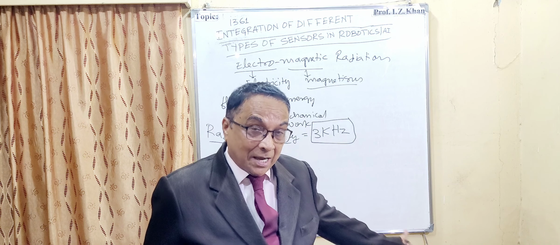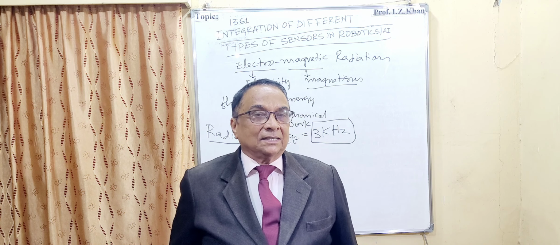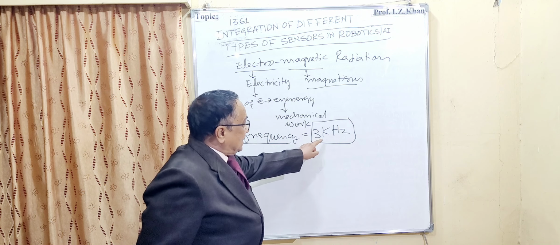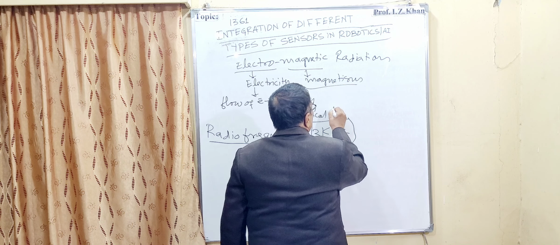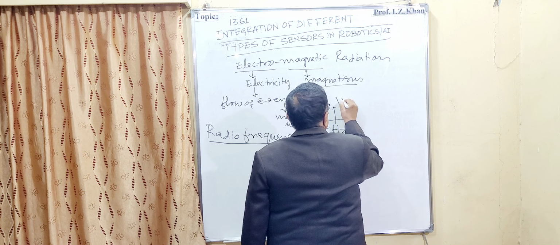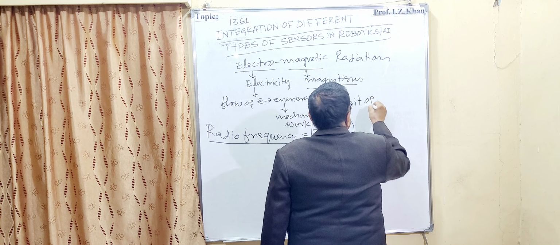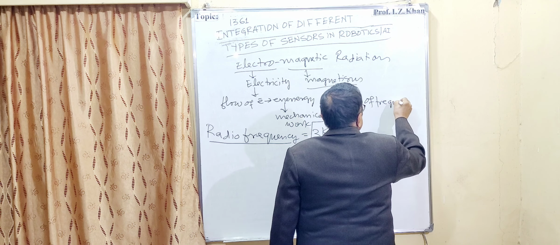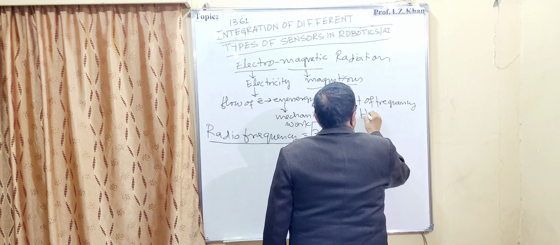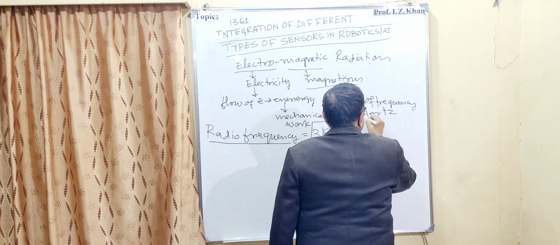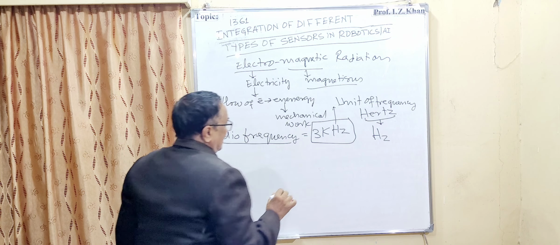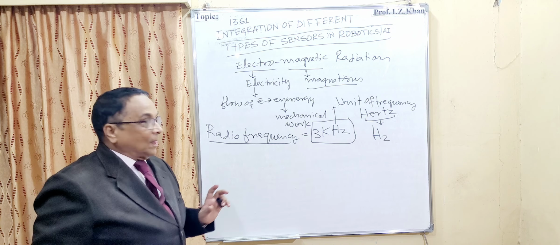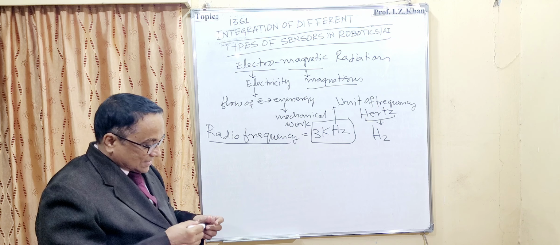And radio frequency I have already given here, that is 3 kilohertz. What is hertz? It is the unit of frequency. That is called hertz. The short form is Hz. So if I say one, try to understand, it is very important. And this is what I am lecturing here.